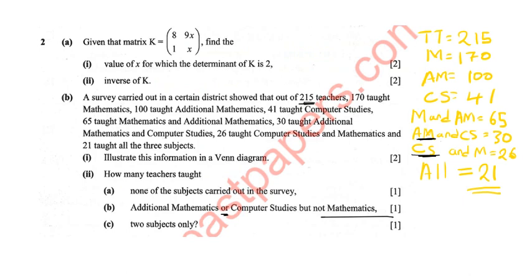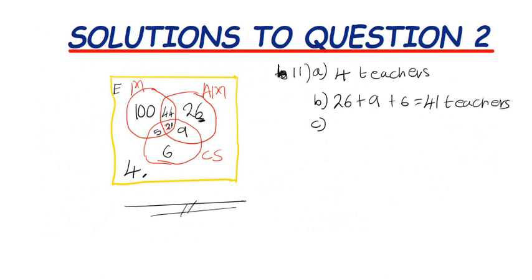So for the fact that you taught two subjects, it simply means that you must include it. So when we go here, where are we likely to see the teachers who taught two subjects only?